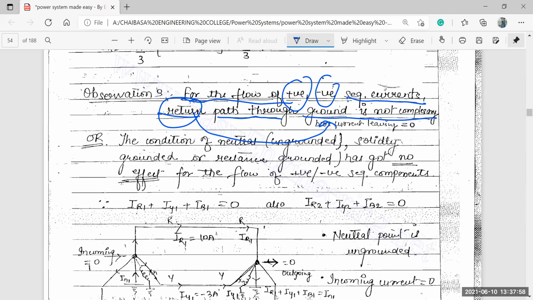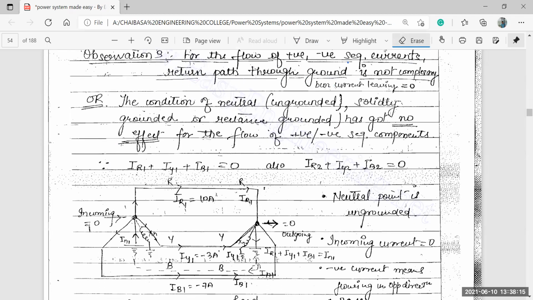The return path may be chosen in any other format as well. Either the body could be grounded or not grounded. The neutral path would not be there.